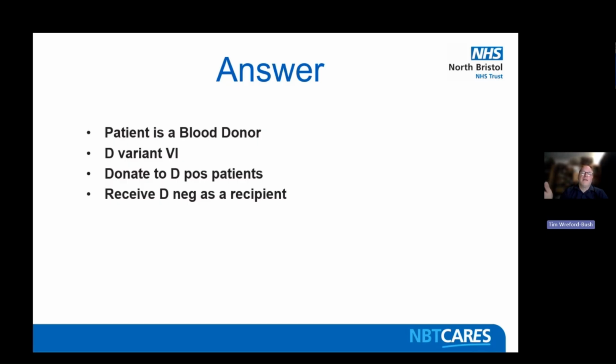You only want to give them to D positive patients. However, as a blood bank, we don't want to call them D positive because we don't want to give them D positive blood where they can make antibodies against the part of the D they don't have. So we want to call them D negative as a recipient. So it turns out we're both right. So it's something to bear in mind. I've come across it a few times like that.